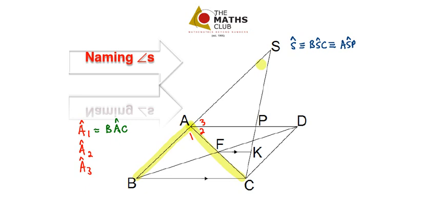Similarly, I will have angle A2 as angle CAD, and also angle A3 could be written as angle SAD or DAS. It doesn't really matter which of the alphabets you start with.